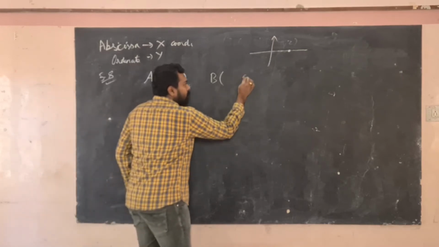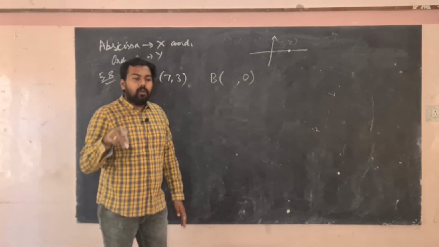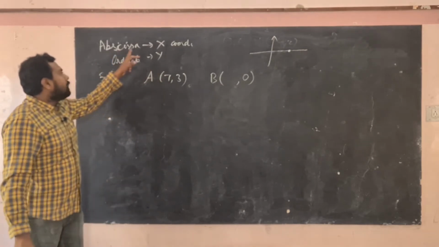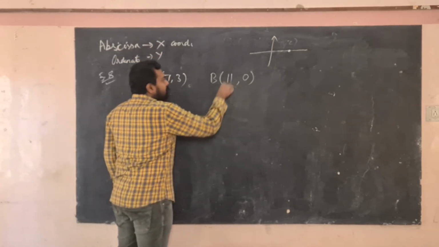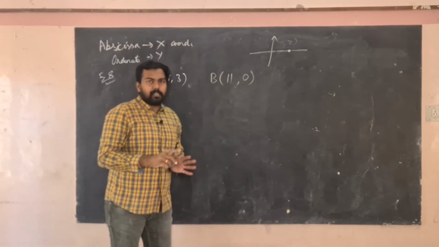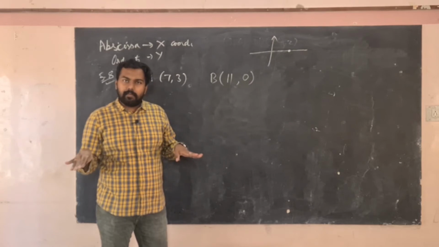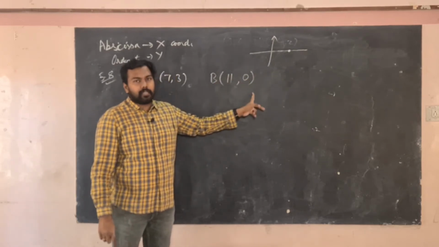So now what do we know? We know that the y value is 0. Next, what have they given? Whose abscissa is 11. So what is abscissa? It is the x coordinate value. So the x coordinate they have given is 11. So instead of giving 11,0, what did they give in the question? They said that point lies on the x axis. So if it lies on the x axis, the y value will be 0.